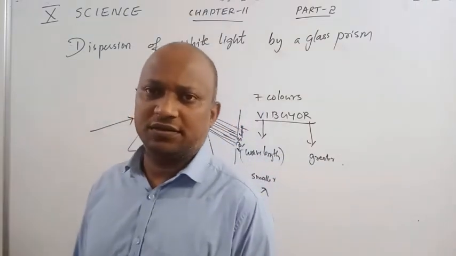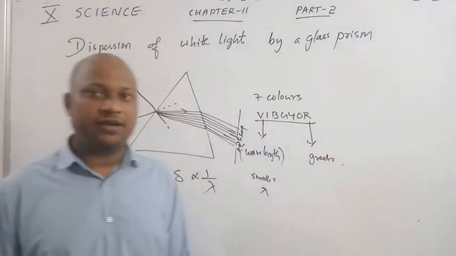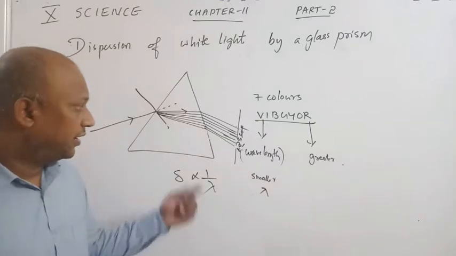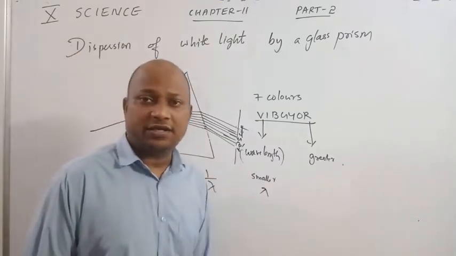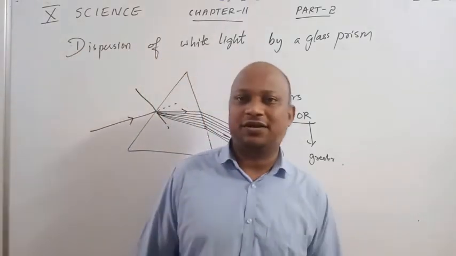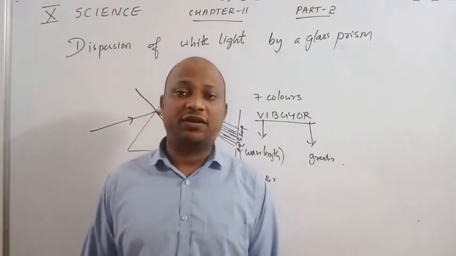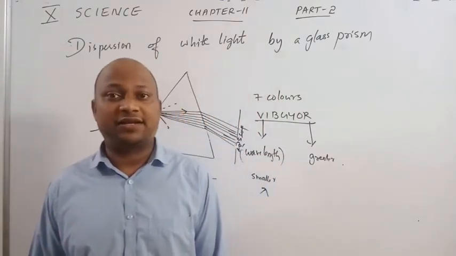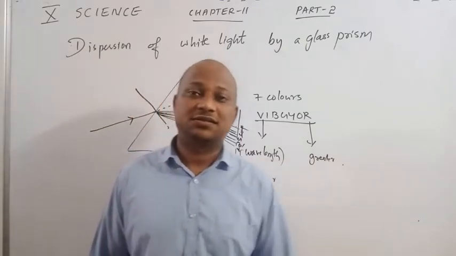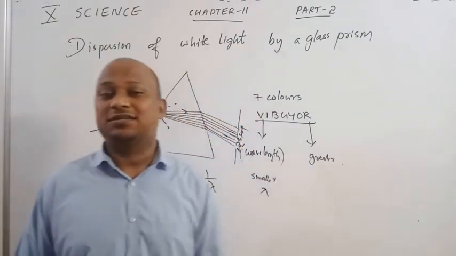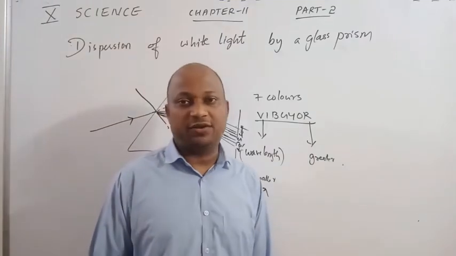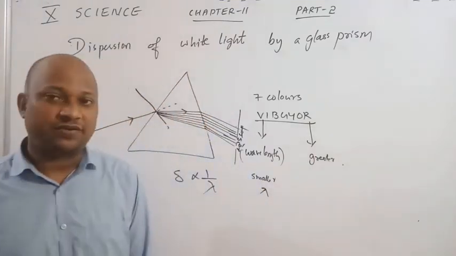Then he experimented with more glass prisms, expecting to see more colors, but he did not get it. He got the same 7 colors.